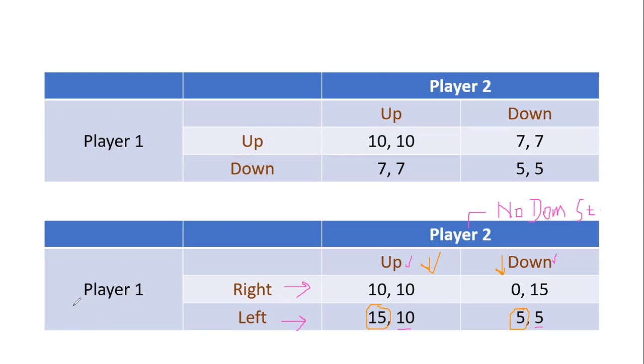Therefore, left is a strategy for player 1 which generates the optimal outcome for him no matter what player 2 plays. So, in this game, player 1 has a dominant strategy, which is to play left, but player 2 does not have a dominant strategy.